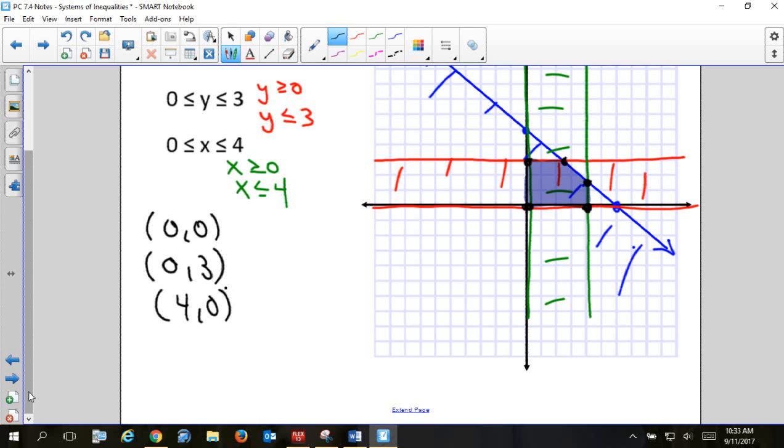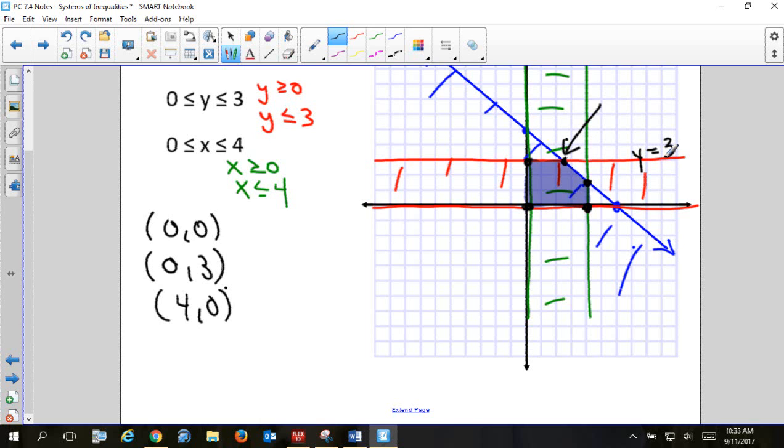We're going to use our brains here just a little bit, let's look at this vertex. That vertex is the intersection of two lines. It's the intersection of my blue one, which is the first equation, and this red one, which is y equals 3.